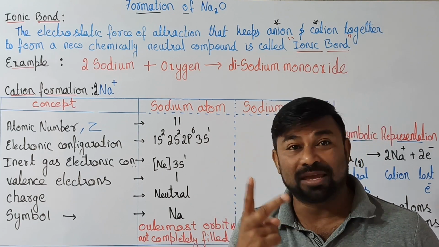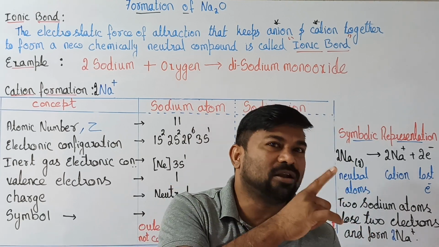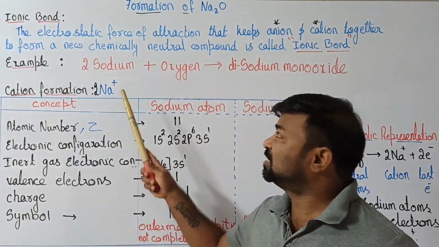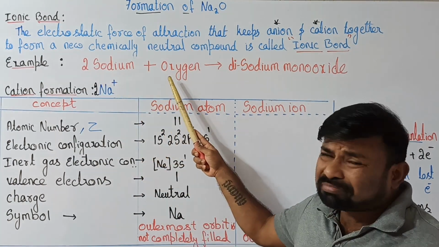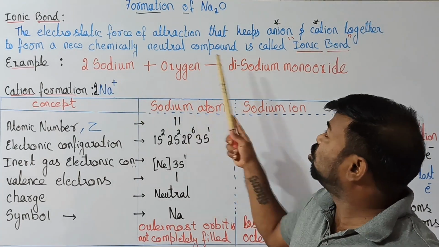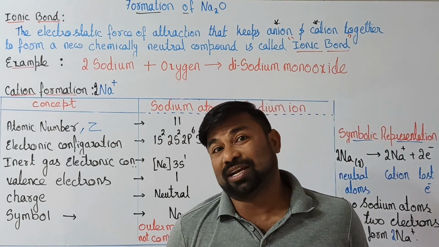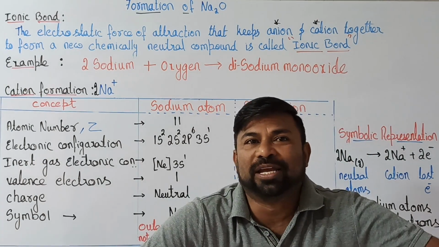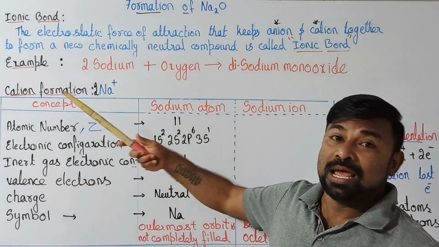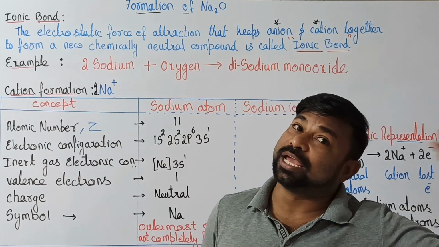Mono means single, di means two, so two sodium atoms combine with one oxygen atom to form disodium monoxide. Please remember that after bonding, both sodium atoms become stable like the nearby noble gas, and oxygen also becomes stable like the nearby noble gas.